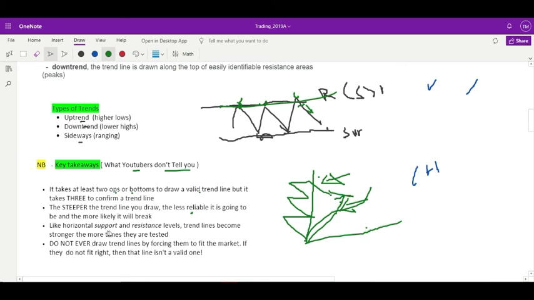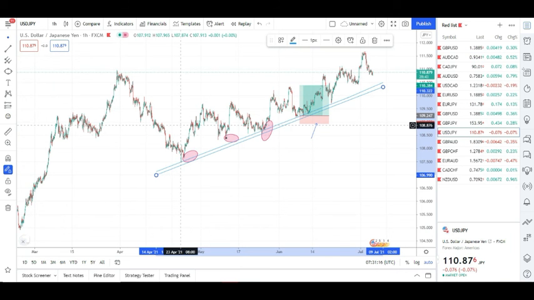Like horizontal support and resistance levels, trend lines become stronger as they are tested more. As I always say, books don't work in real markets, because they always say that if the market tends to hit a trend line more often, it becomes strong, but it doesn't mean that.